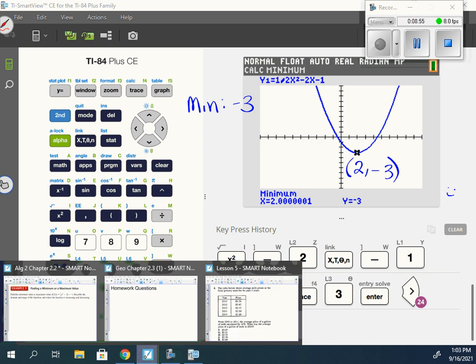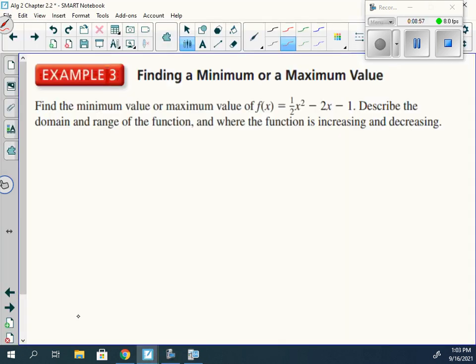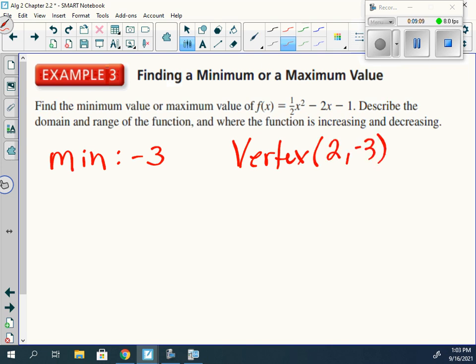So let's go back over here. So we said that the minimum value for this here is going to be -3, because this is coming from the vertex value of 2, -3. Now, what would the domain of this function be?